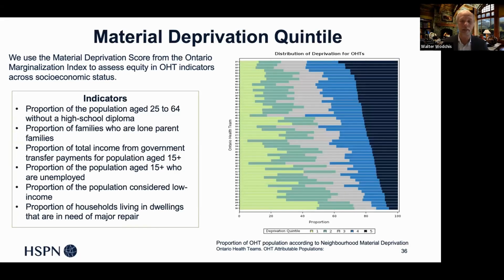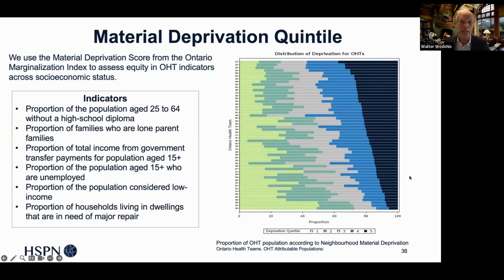And the dark blue represents the proportion of the population living in areas that have the highest deprivation. So you actually see quite a bit of variation, going from almost 40% of the population in one OHT that is in the most deprived area to that actually being less than 10%. So quite a bit of variation as we look across the Ontario health teams in the material deprivation.